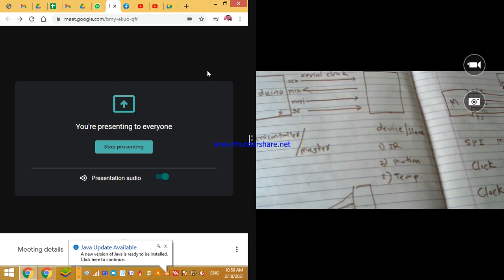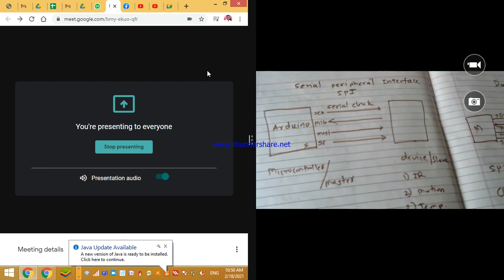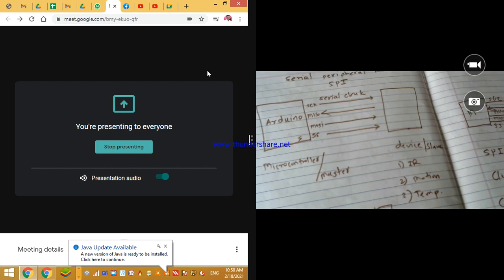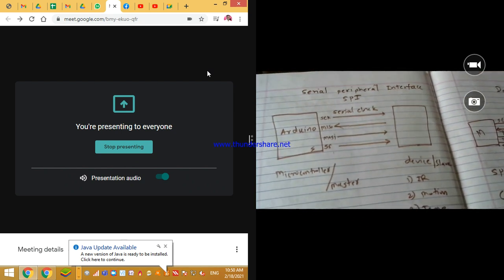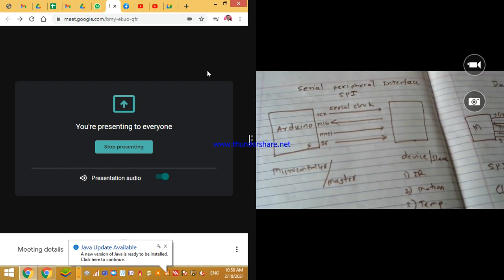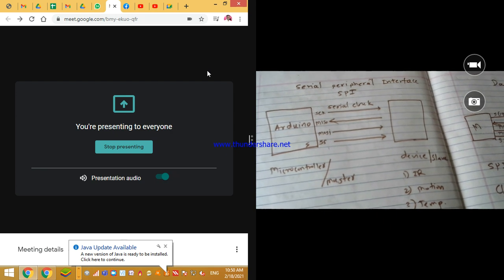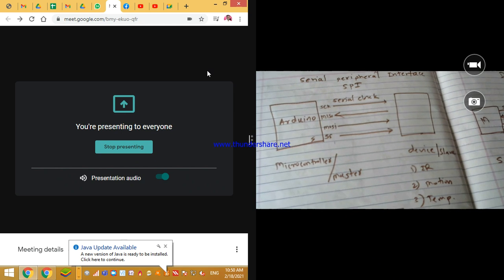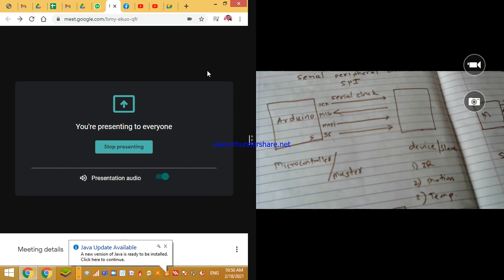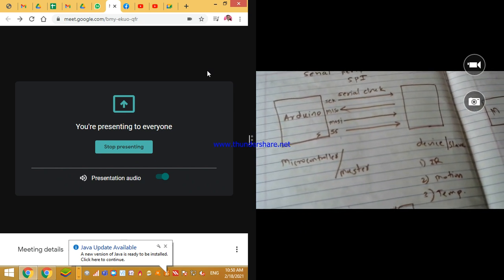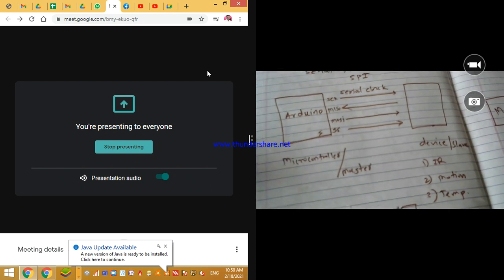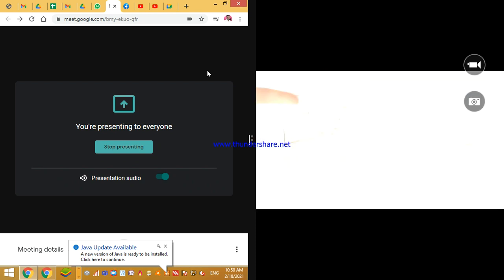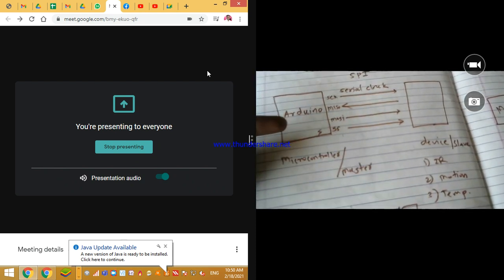What we have seen up till now is what SPI is, the serial peripheral interface, which is one of the protocols of serial communication. SPI works according to these 4 pins that we have seen.